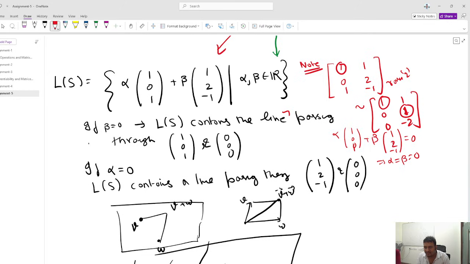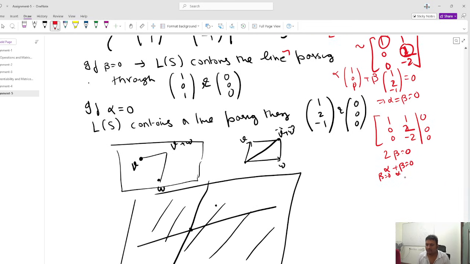From this equation you get 2 beta equal to 0 and alpha plus beta equal to 0, meaning beta equal to 0 and alpha equal to 0. So in fact, these vectors are linearly independent.